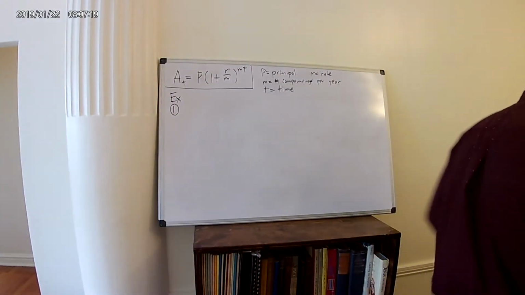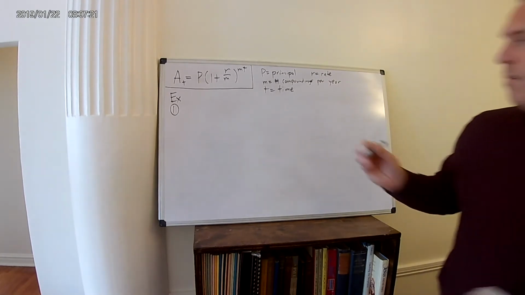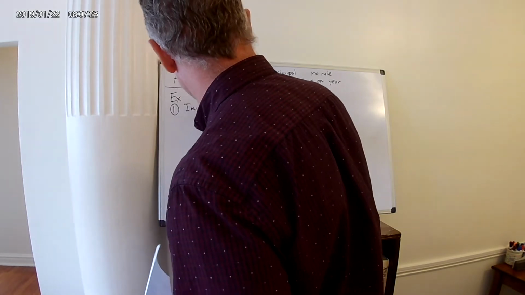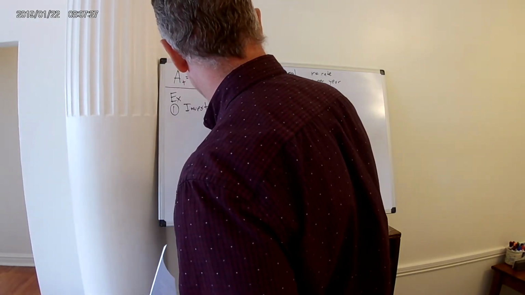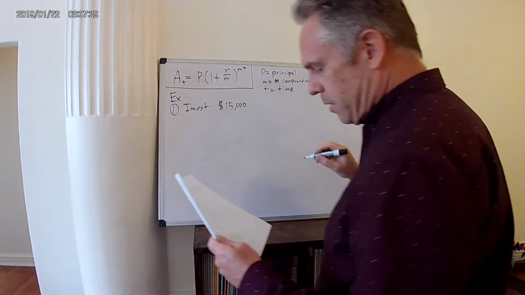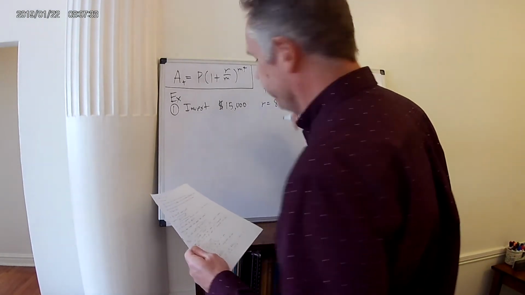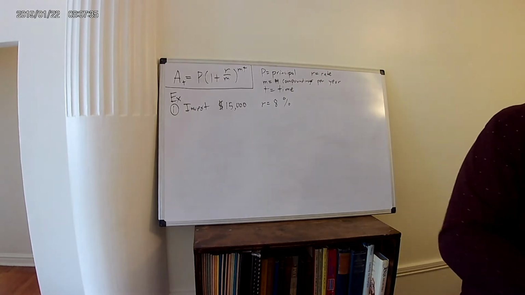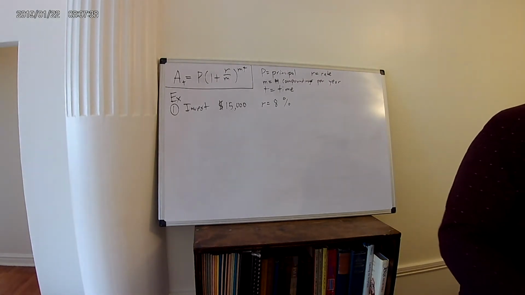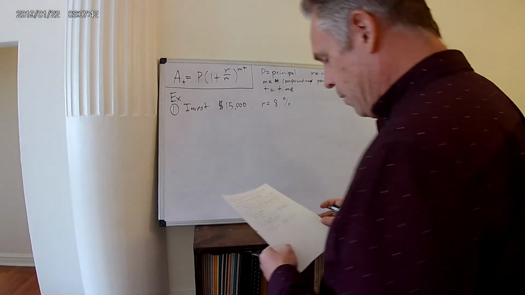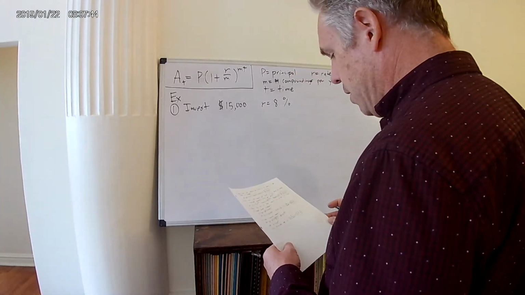Okay, so let's suppose you have an investment. You initially invest $15,000 in an account that has an interest rate of 8%. And let's say we compound 4 times a year.